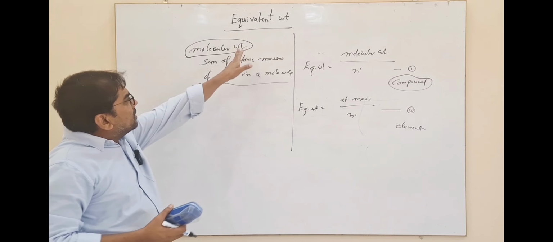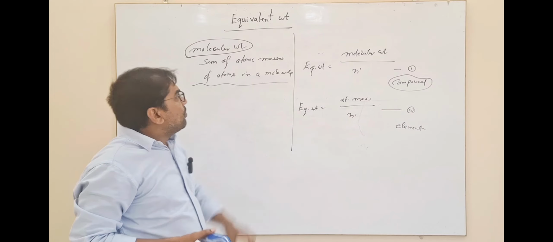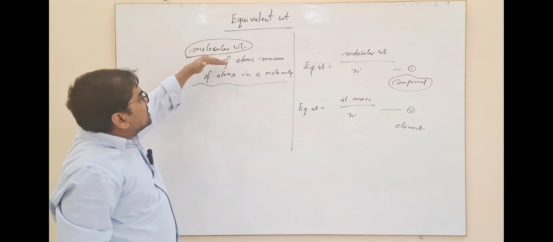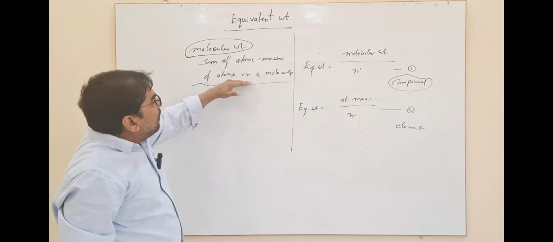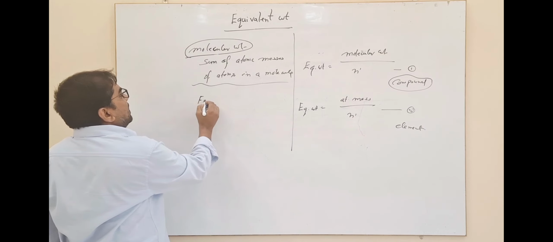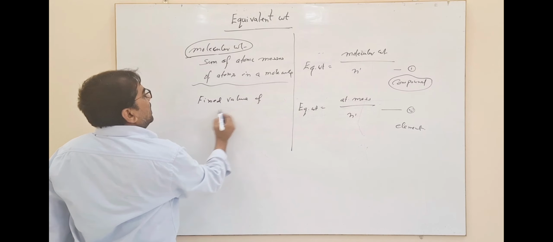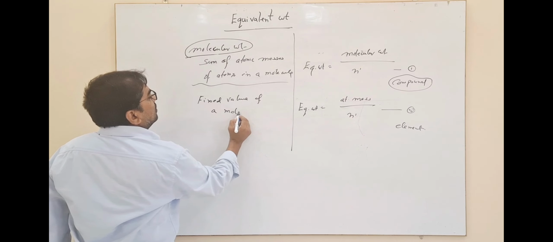So molecular weight and equivalent weight are different from each other. Molecular weight is the sum of the atomic masses of all the atoms present in a molecule. It is a fixed value for a molecule.